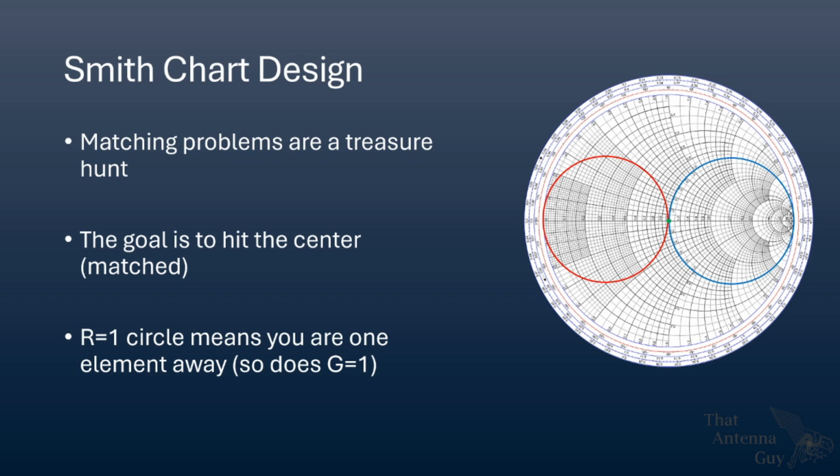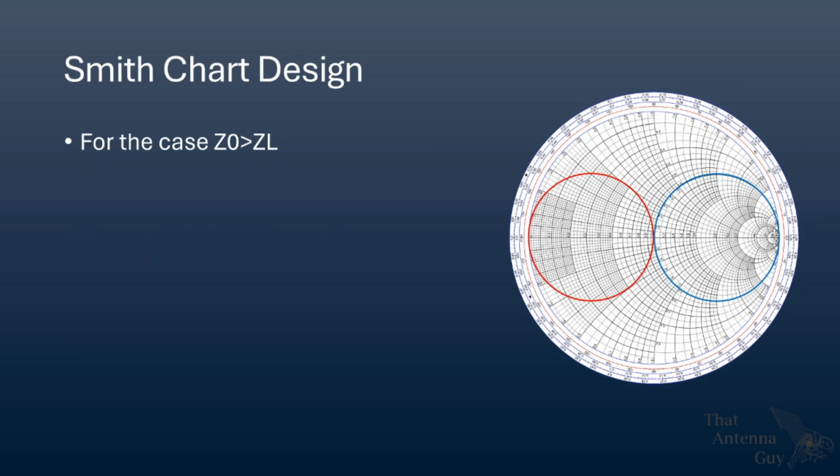So let's look at this in practice. For the case where the characteristic impedance is greater than our load impedance, for example, if I pick 0.5 minus j as our load impedance, you can see that all we have to do is move up until we impact our g equals 1 circle.